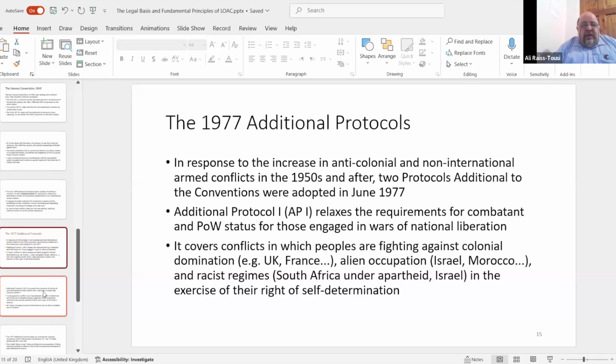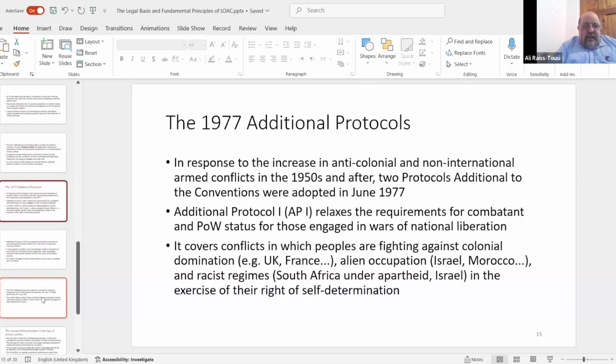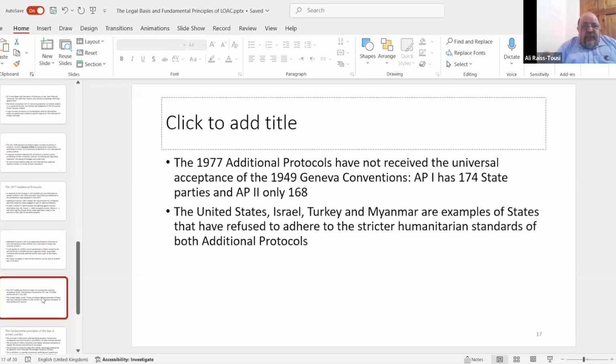It adds protections for national liberation movements. It allows combatant status and prisoner of war status for peoples who are fighting to free their countries. The problem is that the additional protocols do not have universal acceptance.